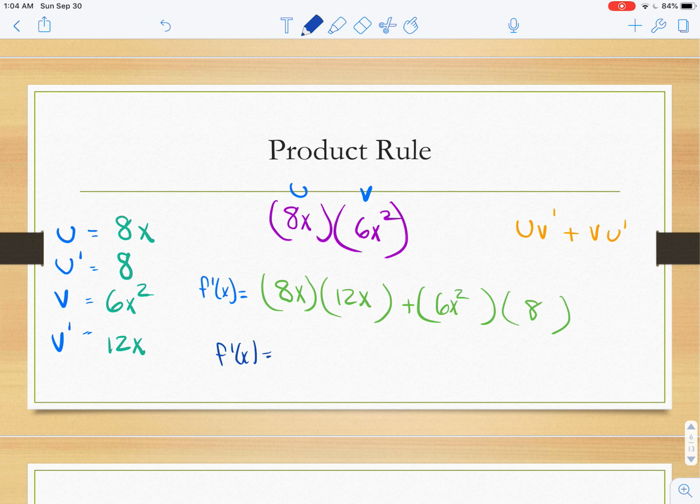All right, so we're going to write our terms on the side. Let's color code this: u, u prime, v, v prime. So our u is x plus 2. Our v is x squared plus 5.